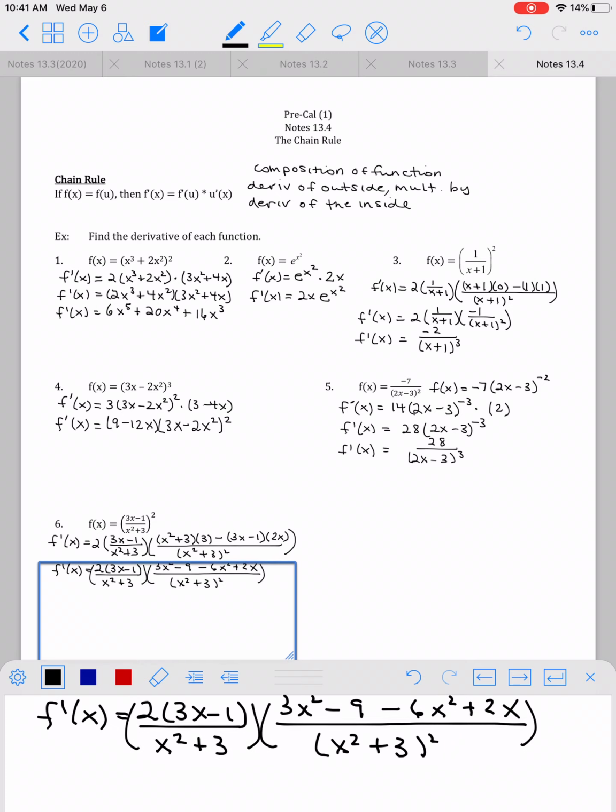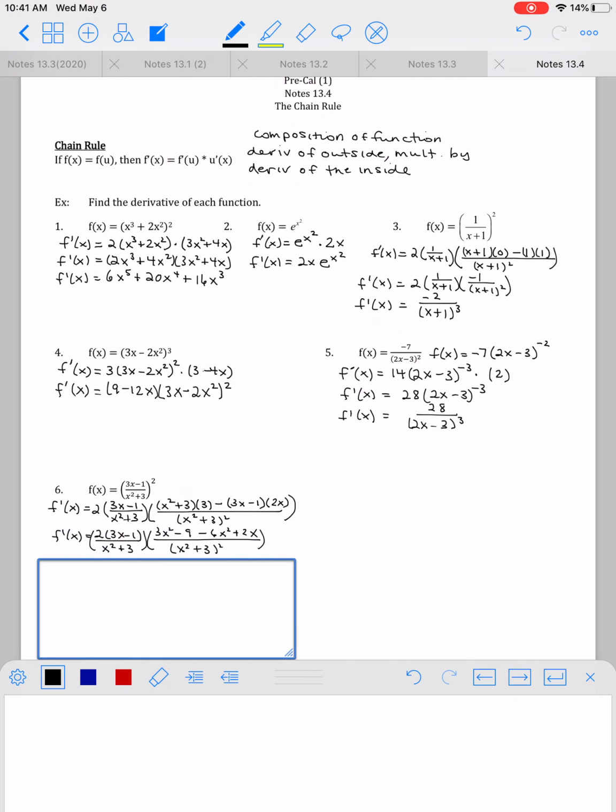Okay, now we'll simplify again. So really the chain rule starts it, and then it becomes just a big old fat algebra problem. People will often say the calculus is easy, it's the algebra that's terrible, and that's a very accurate statement. You'll find that out more next year as you go into taking the calculus.